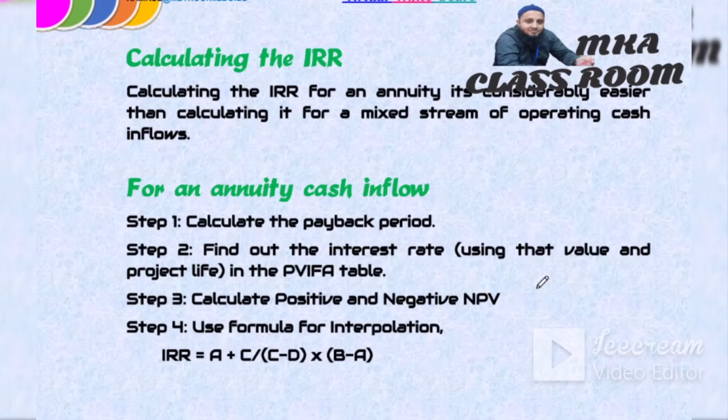So at that time, for annuity cash inflows, you have to first calculate the payback period, and then search for that payback period value in the present value interest factor annuity table, using that value and the project life.